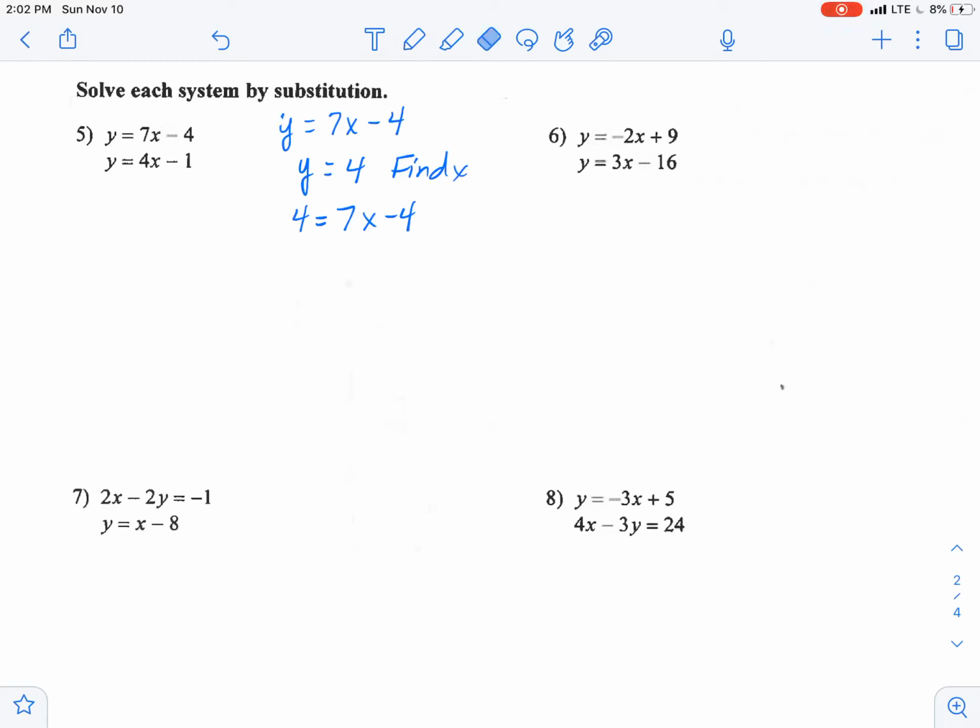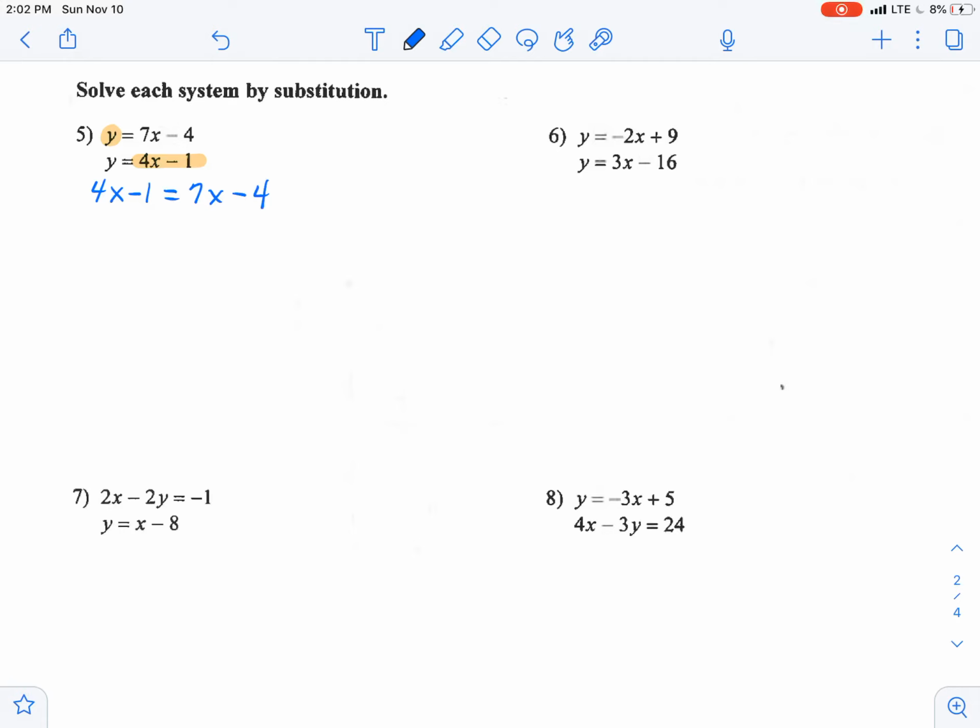So it's the same thing here that we're doing, except y is not just a simple number. Y is actually this expression. So all I'm going to do is put that expression for the y, okay? Because y is 4x minus 1.